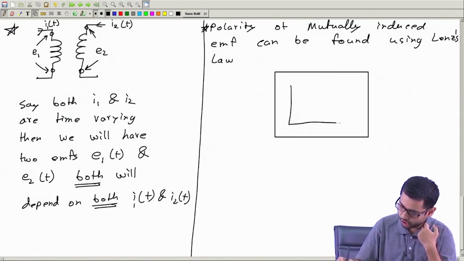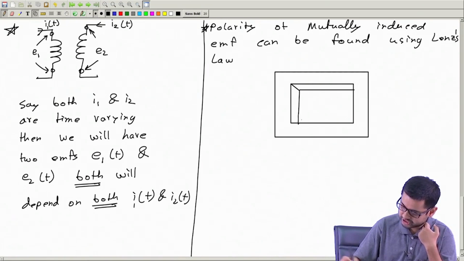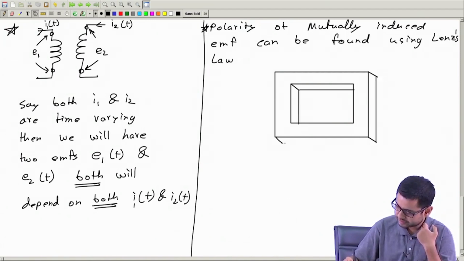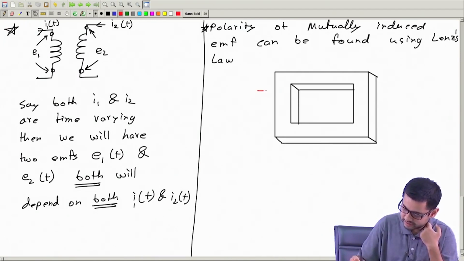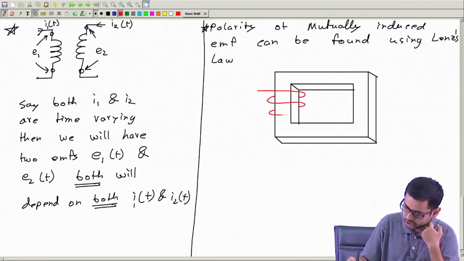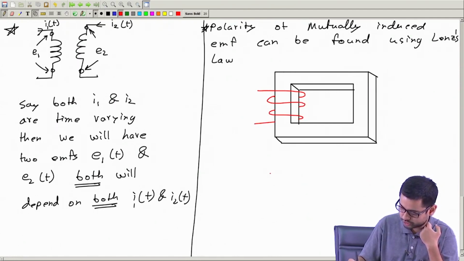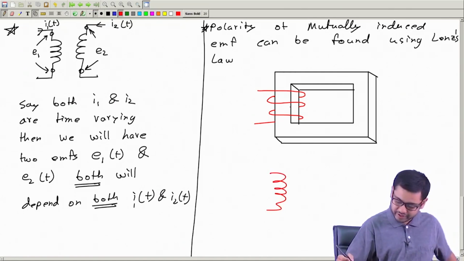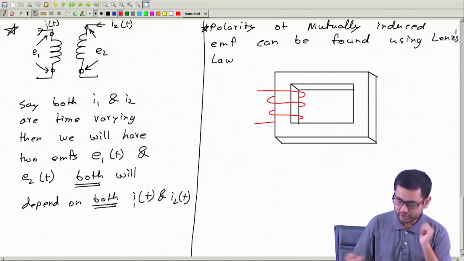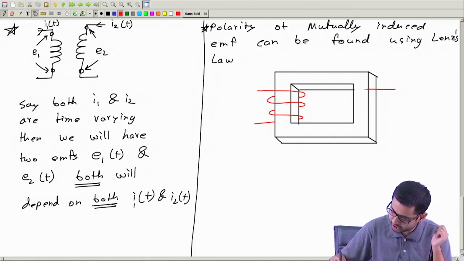So this is the core of a transformer, you can think of this in 3D, and it has two coils. Let me draw it like this, because then the direction of the winding will be more clear. So this is one coil and we have another coil.